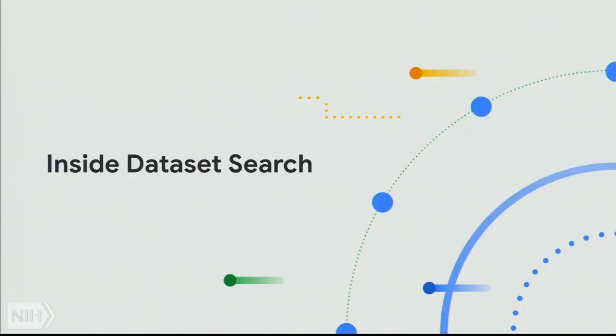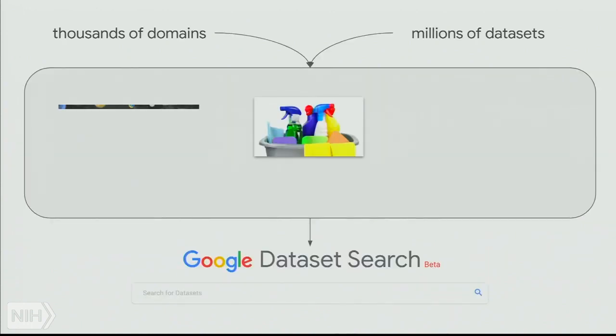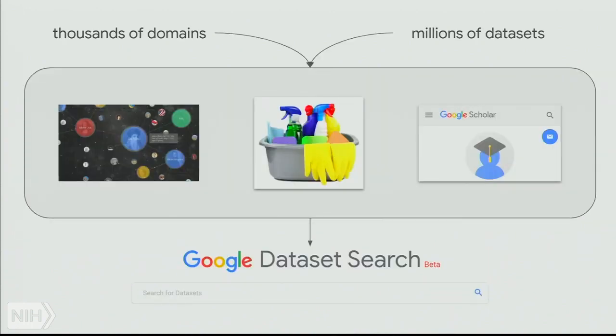Okay, so now I'm going to go a little bit deeper into how Dataset Search actually works under the hood. So what do we do with all of this indexed data? We index thousands of domains and millions of datasets, and we have to do a lot of data cleaning.